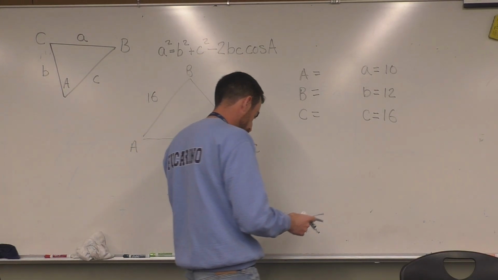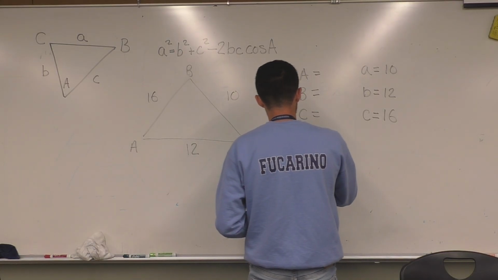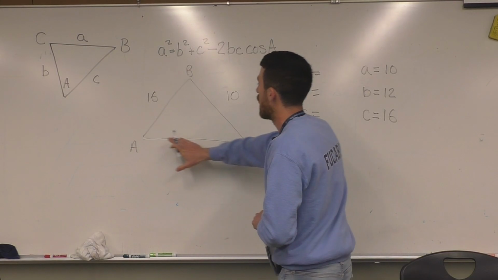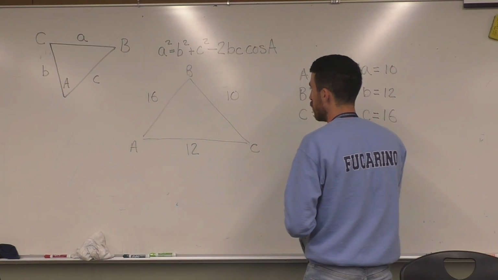So I have to solve for the angles, and I'm going to start by writing out the law of cosines, but with the angle A as the included angle.